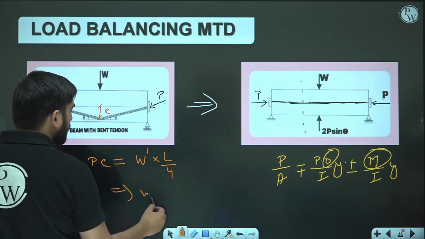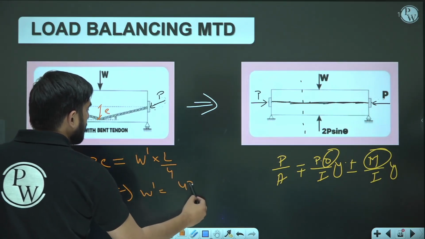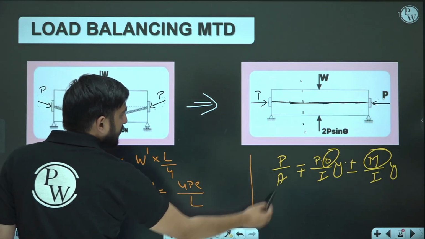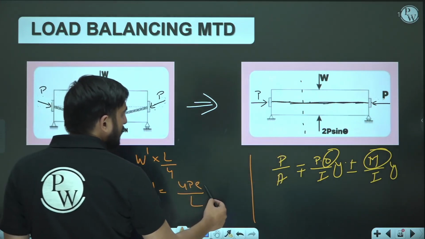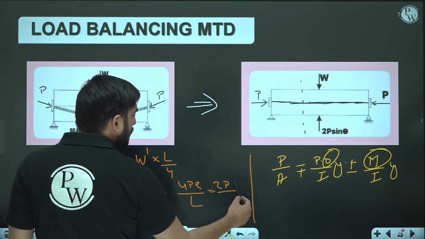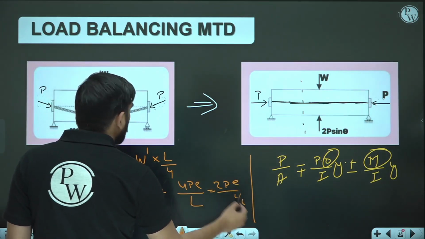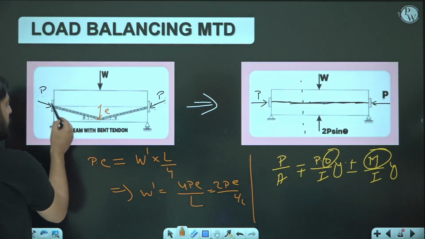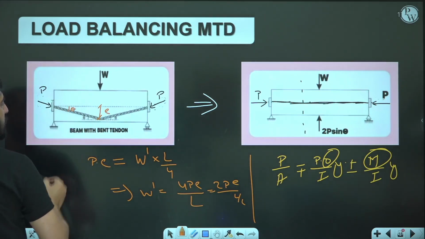So what is the value of W dash? It is 4PE over L, and this and 2P sin theta are the same, because you can write here 2P into E over L by 2. What is E over L by 2? It is sin theta, or you can say tan theta.